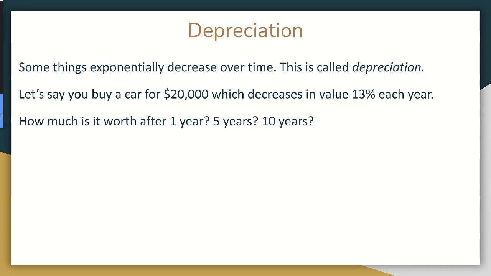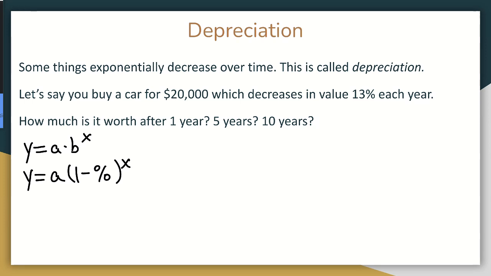So, this is a little bit different. Instead of y equals a times b to the x, we're going to change that b, and it's going to be y equals a times 1 minus a percent increase or decrease, to the x.